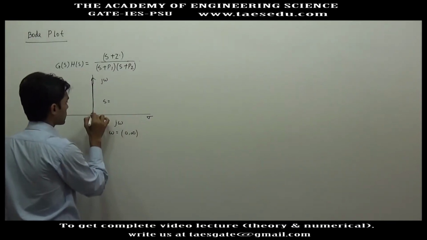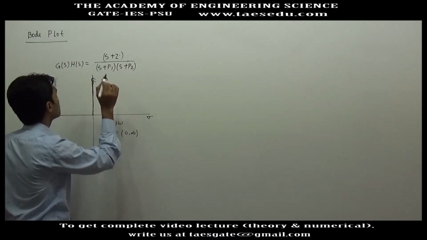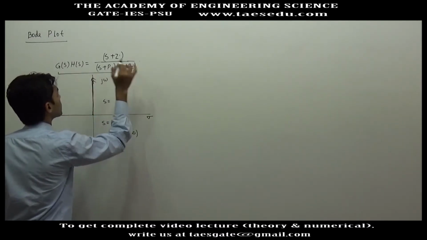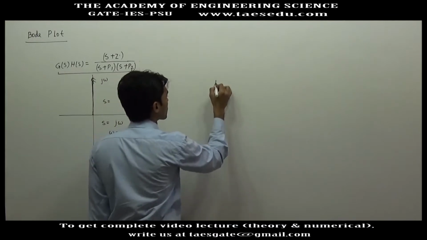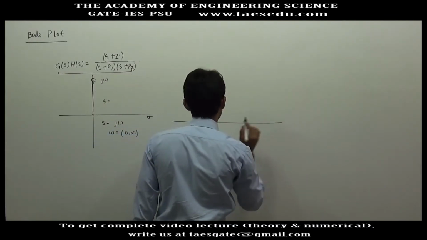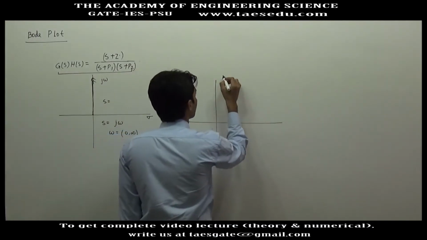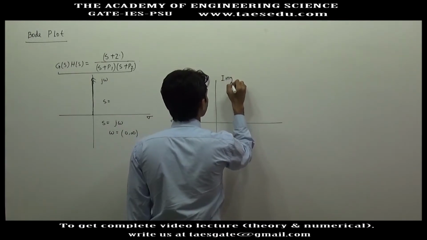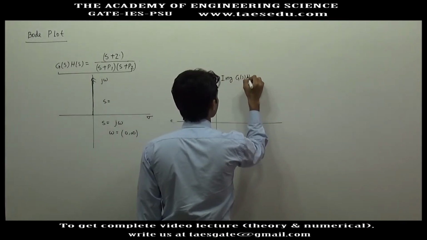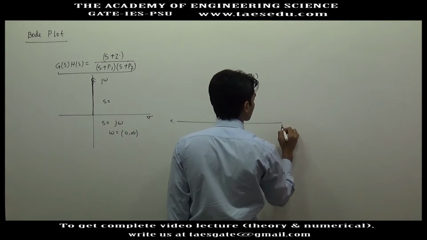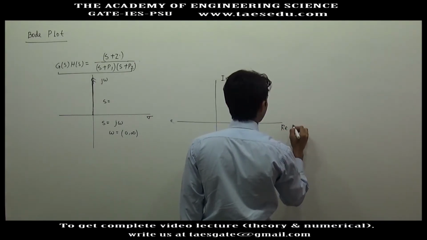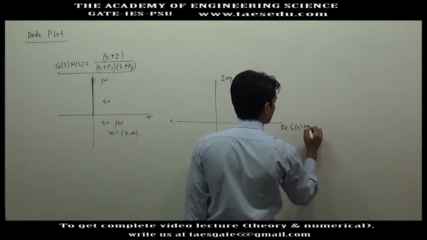So while doing this, in the Nyquist plot we draw a graph between imaginary part of G(S)H(S) versus real part of G(S)H(S).